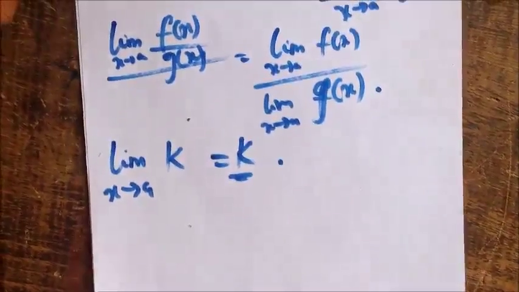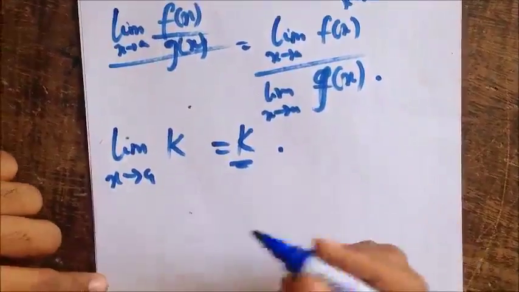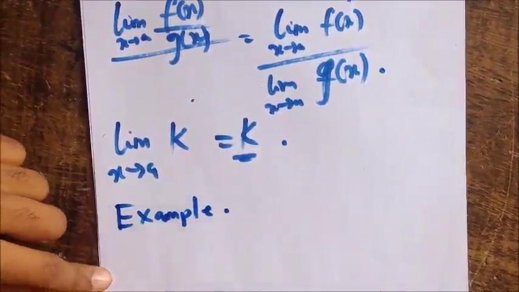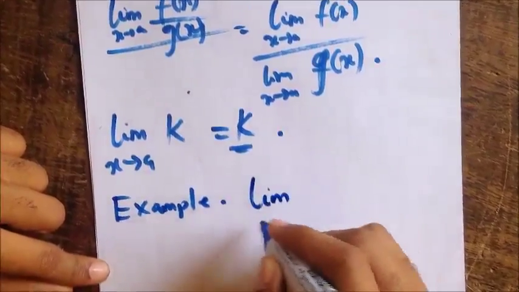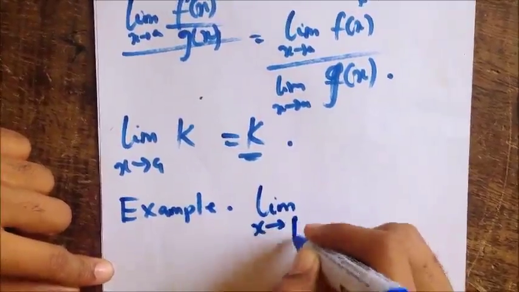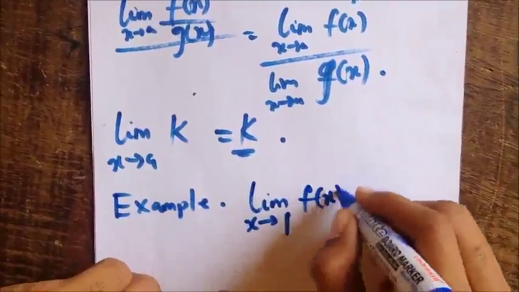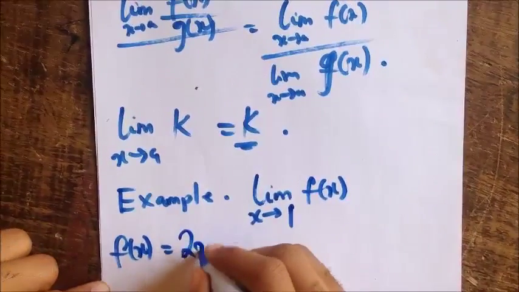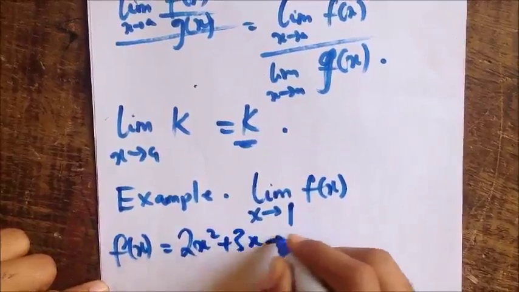Now, we'll touch a simple example. If we are trying to find the limit as x tends to 1 of f of x, where f of x is, let's say, 2x squared plus 3x plus 4.